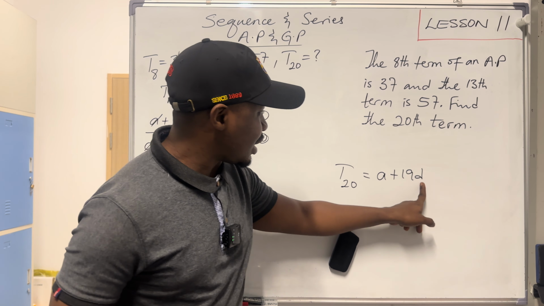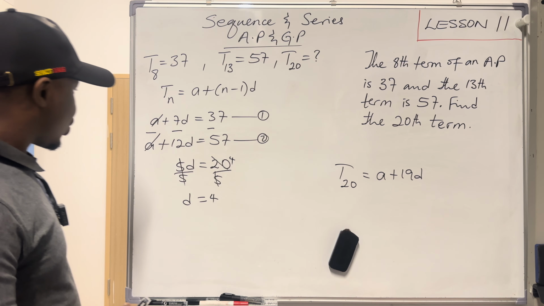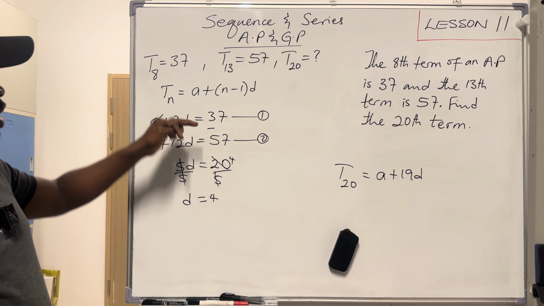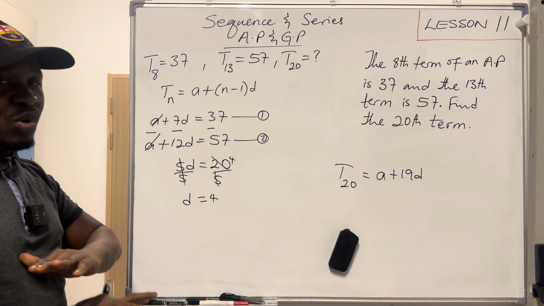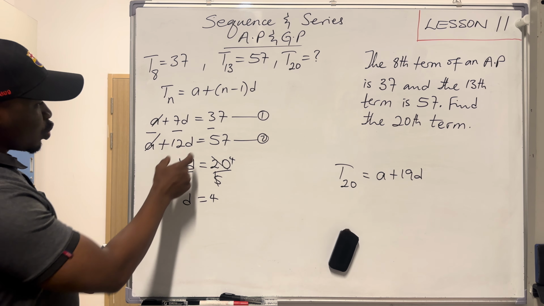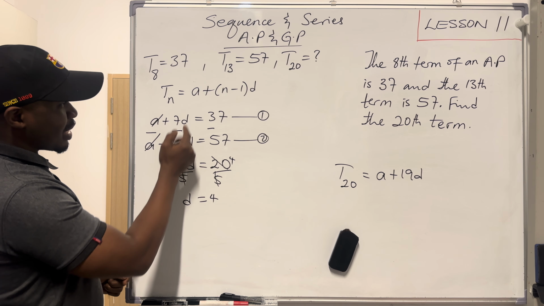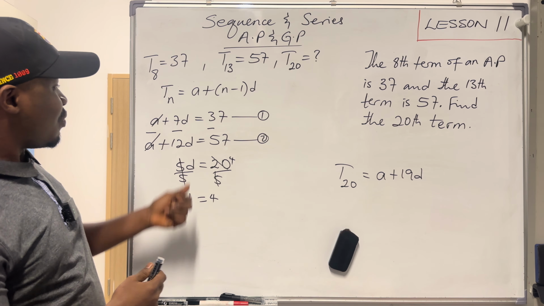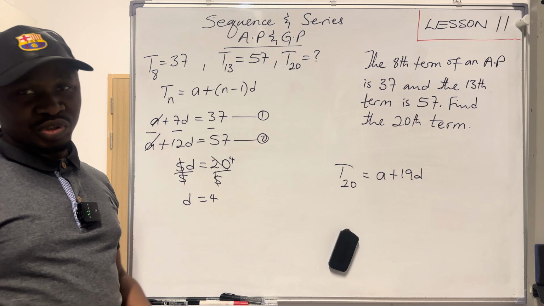So we know d; it remains a. For us to get a, we substitute this into either equation 1 or equation 2, any one of your choice. But equation 2 has bigger numbers, so I think 1 is preferable, though if you prefer 2, you can still get what you want.